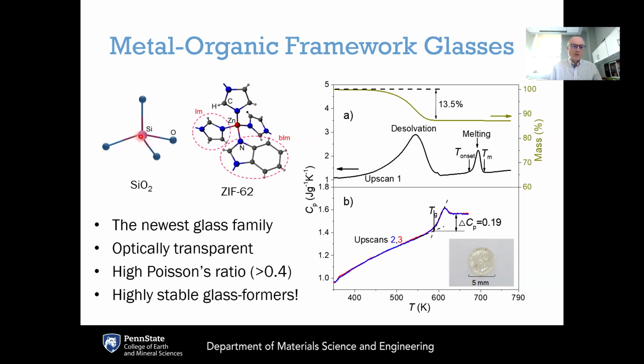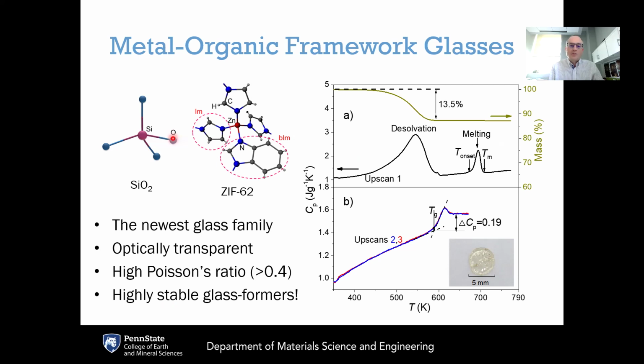So recall that the structure of silica was based on tetrahedral units, where there's a silicon cation in the center of the tetrahedron, and at the corners of the tetrahedra, we have the oxygen anions. Those oxygen anions act as bridges to the neighboring tetrahedra. The tetrahedra share corners with each other, and then the oxygens act as bridging oxygens.